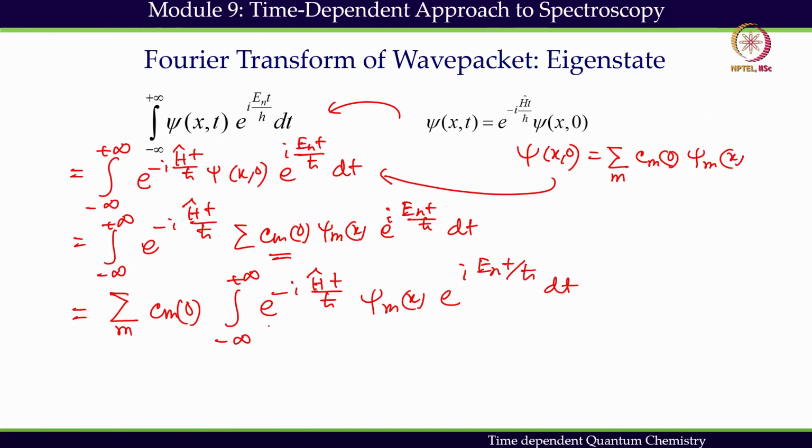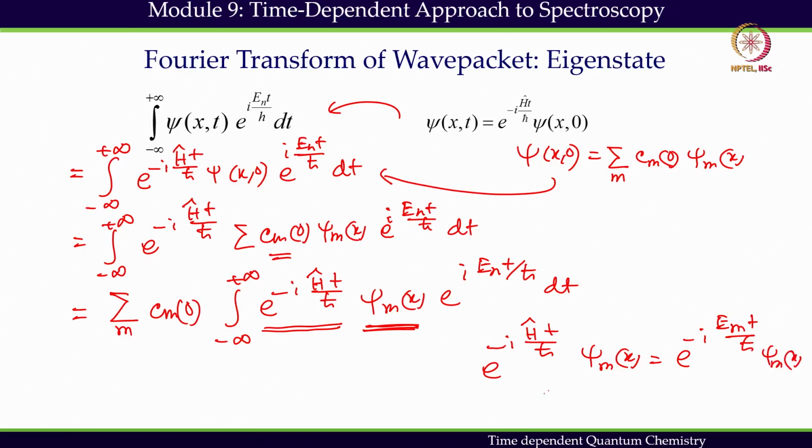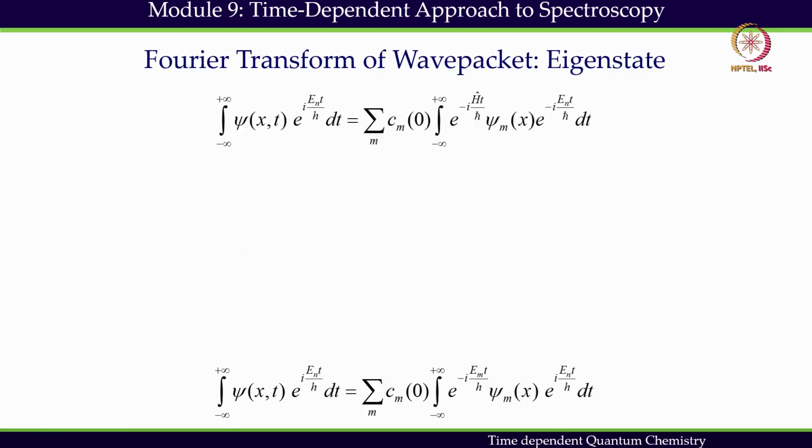So what we see is that I have a time evolution operator acting on the stationary state, and when the time evolution operator acts on its eigenstate, what I finally get is actually nothing but e to the power minus i Em t by h-bar psi m(x). This we will prove very soon, in the next slide.